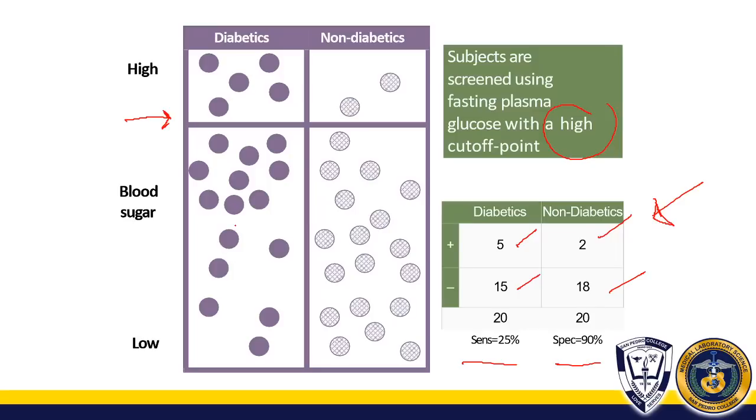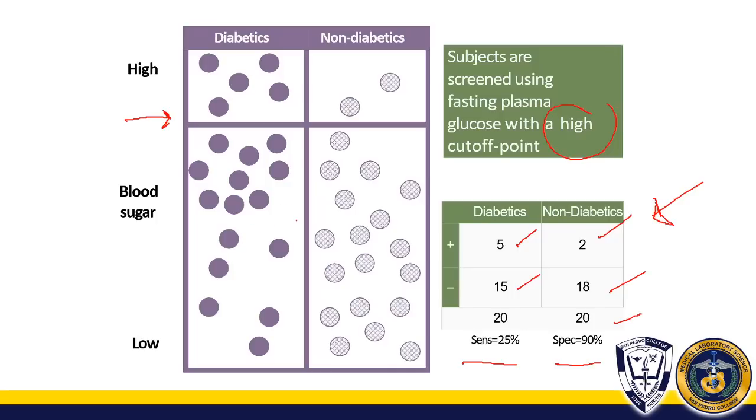Now, what does this mean? We will discuss how to compute sensitivity and specificity later. What we want to emphasize here is how important sensitivity and specificity are in setting your cutoff point for a continuous variable. Ideally, both should reach 100.